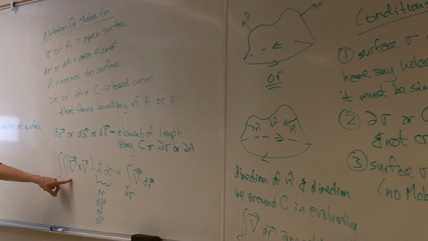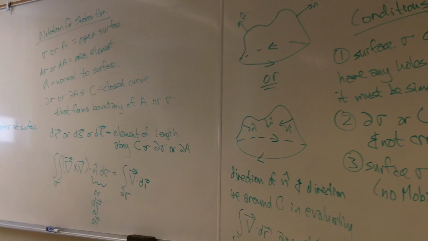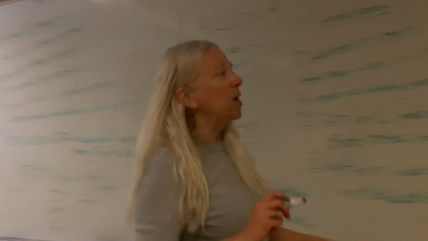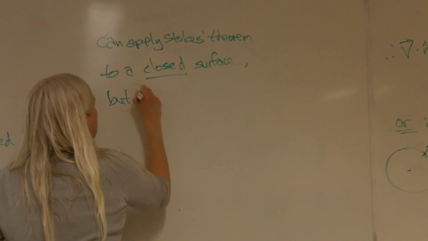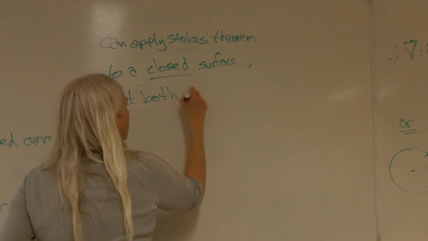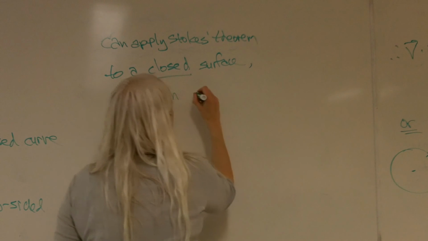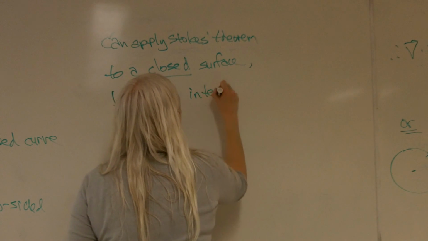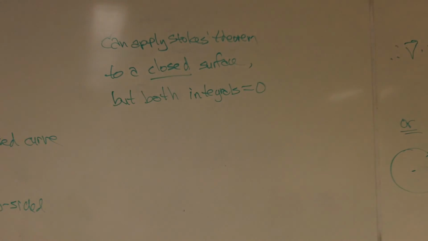But Stokes' theorem actually is true for a closed surface. It's not that it's not true. It's just not very interesting. Both sides of the equation are just zero in that case. Okay? Both of the integrals are equal to 0 in that case.